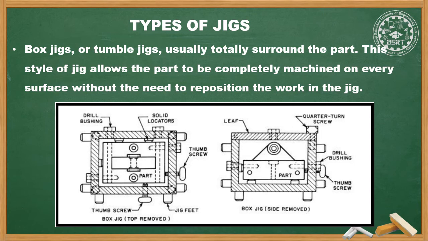These box jigs are heavy and are manufactured when the number of parts to be manufactured is large or when batch production is high. They are usually provided for rectangular workpieces where machining is needed on all sides of the workpiece.